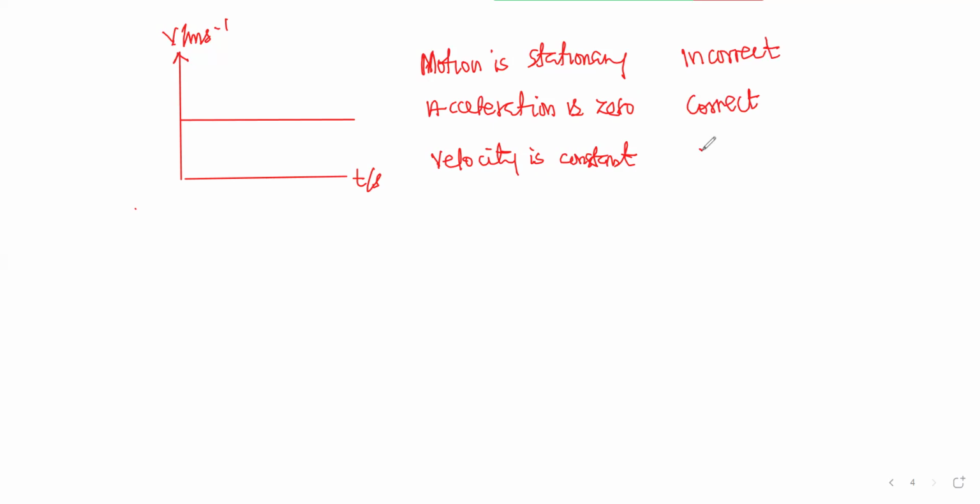Velocity is constant is also correct. Why do you think motion is stationary is incorrect? Stationary means that it's not moving. But as per the graph, is it moving?